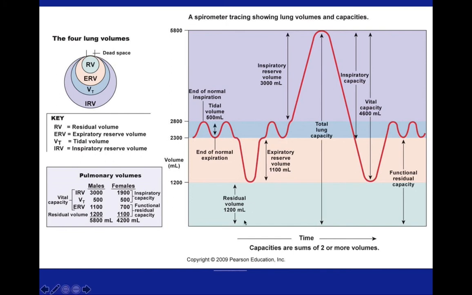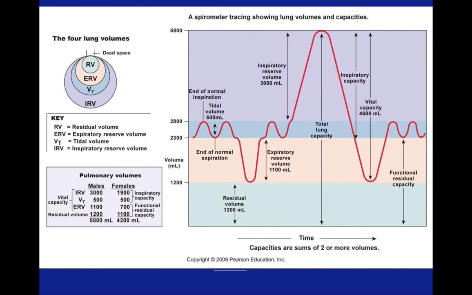So when we forcefully exhale, we'll see that the expiratory reserve volume will be shown here. That's going to be a little over 1 liter. And on the other side of the tidal volume, we'll see our inspiratory reserve volume up here, which is over twice as much as the expiratory reserve volume. And lastly, down here where the spirometer tracing never touches, we'll have our residual volume, which is just over 1 liter.